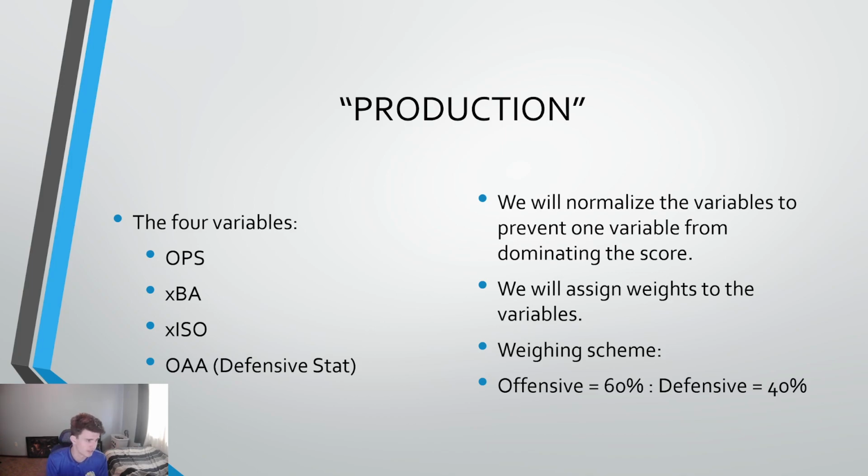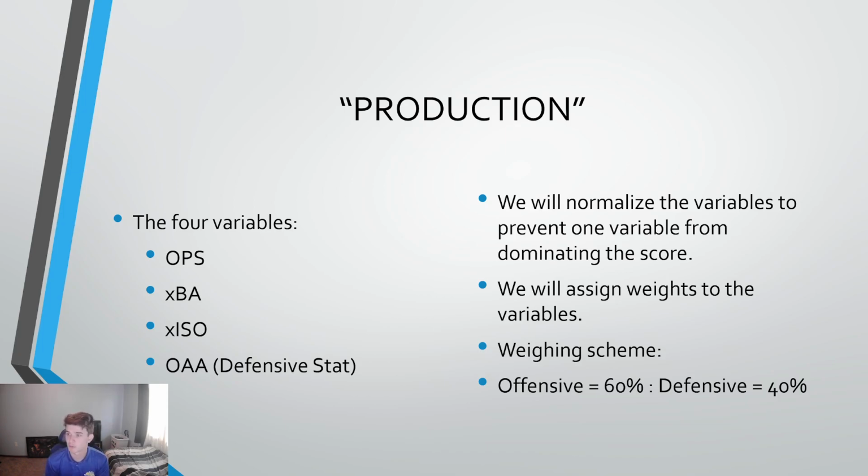So if you have positive outs above average, that means you did your defense better than an average player. If you had 9 outs above average, you recorded 9 more outs than an average player would have that year. The best defensive players, I think, are around 15. It normalizes around 0. 0 is average.